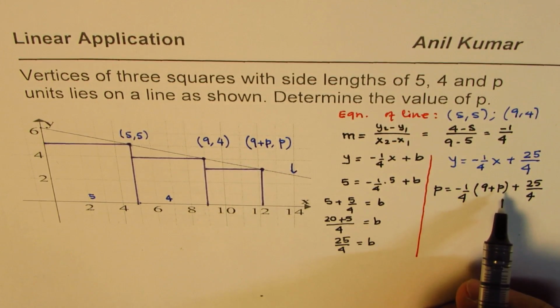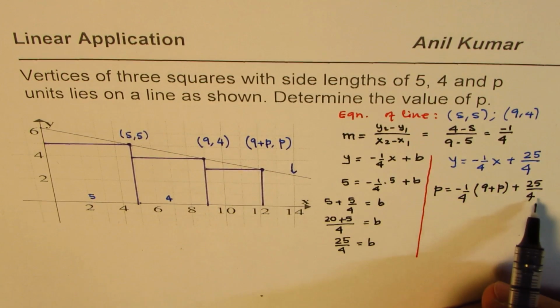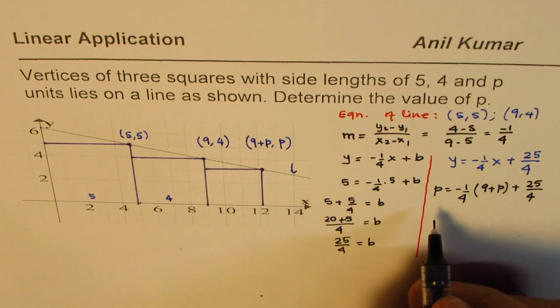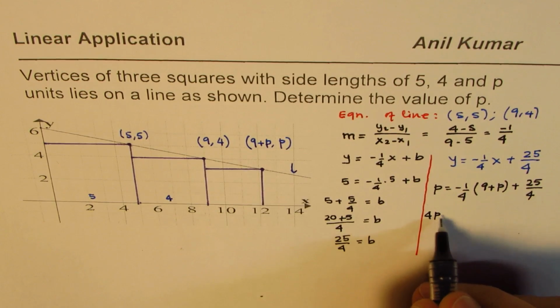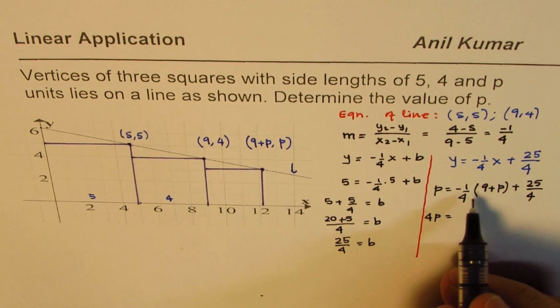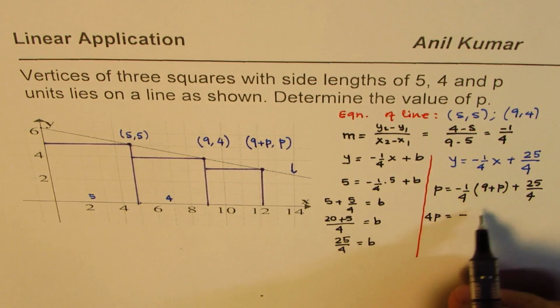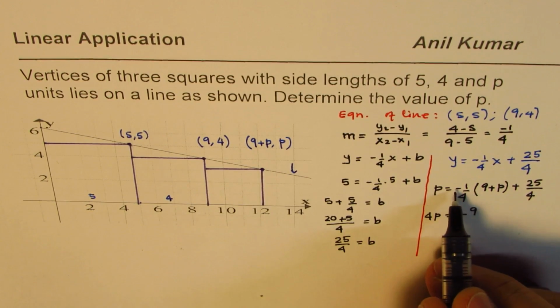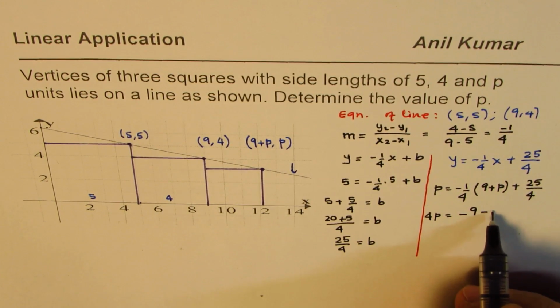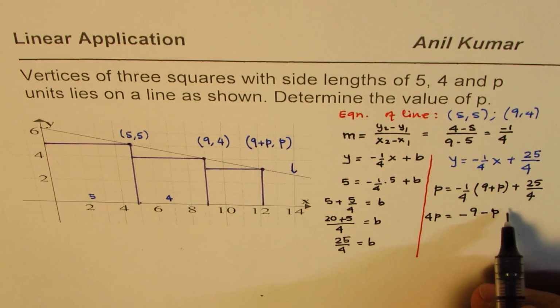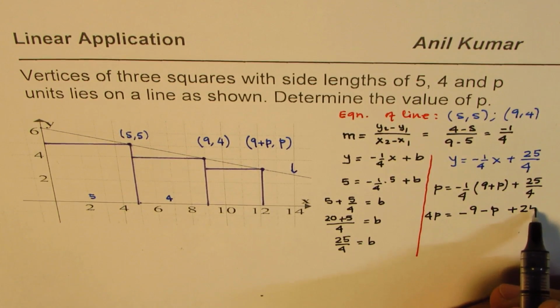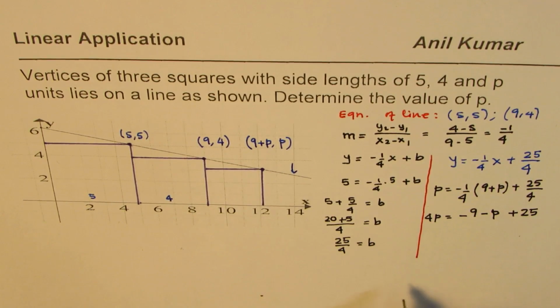We can easily find it. Let's multiply everything by 4 to get rid of this fraction. So we have 4p equals minus 9, and when we open this bracket, minus p. When you multiply 25 by 4 you get 25. So plus 25. So we have a linear equation to solve.